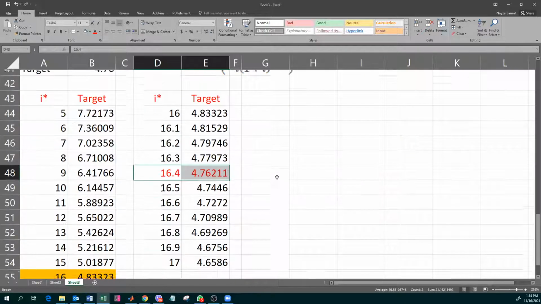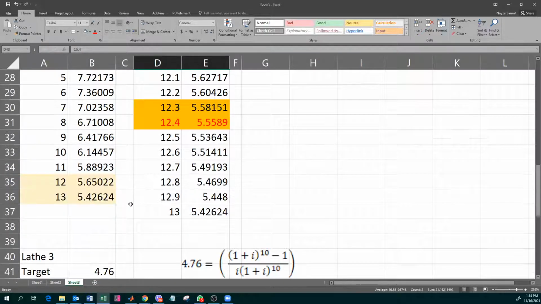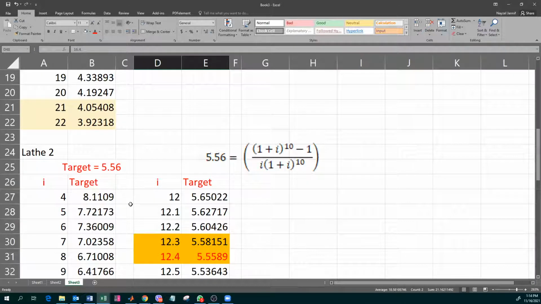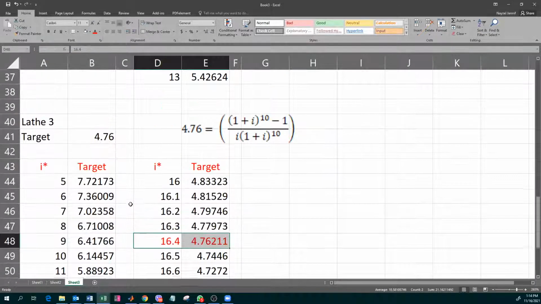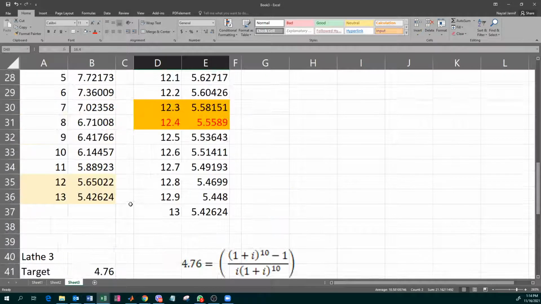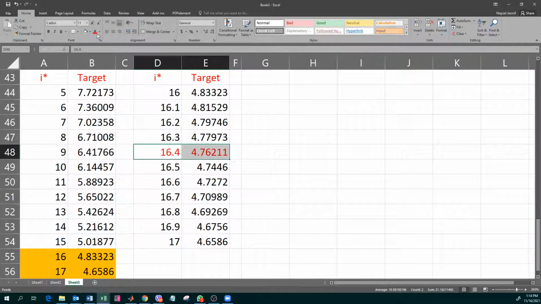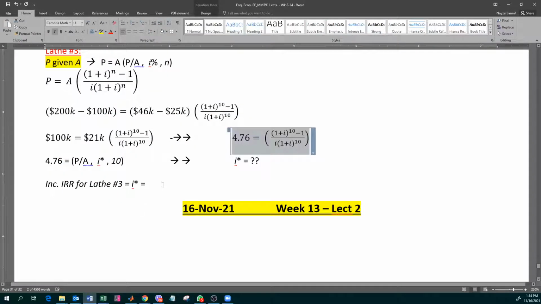So I can confirm that our particular answer is sitting at 16.4%. So let's go back to my Microsoft Word. So there will be 16.4%.